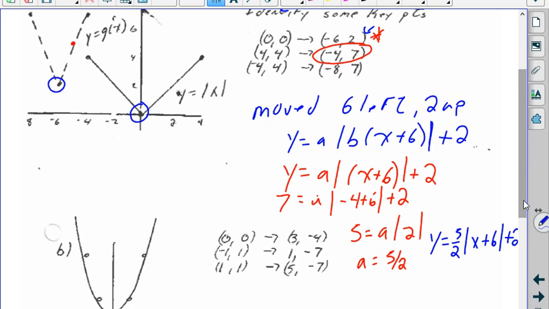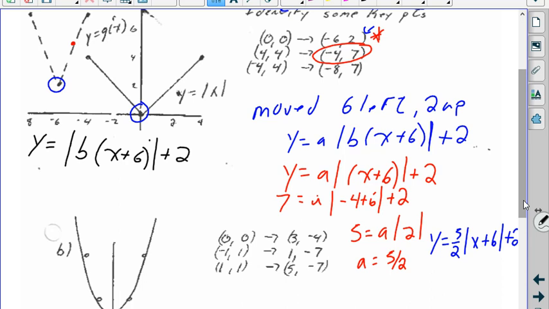I could have just as easily said no, I'm going to say b, and solve for b. Now, I could have picked the other point quite as easily.